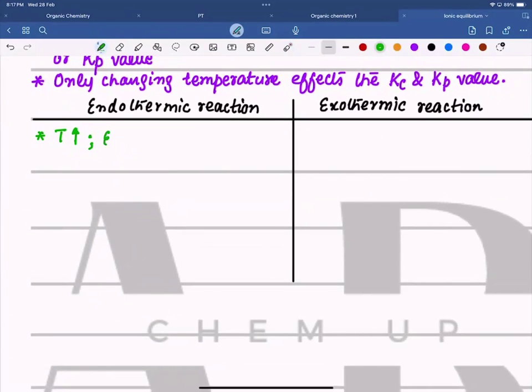So if we increase the temperature, equilibrium shifts to right, and the amount of product will increase. And the reactant will decrease.